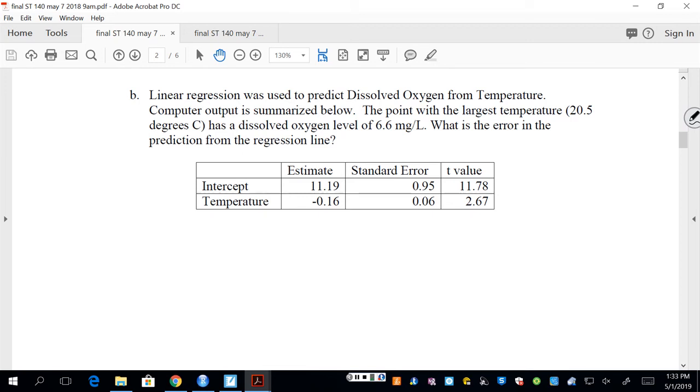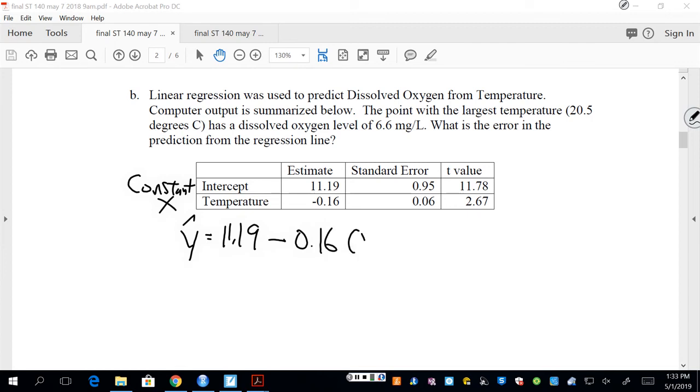There's an intercept or constant line. Sometimes this one's called constant. And there's temperature, or maybe an X variable. And the estimate, and so our prediction is going to be 11.19 minus 0.16 times X, where X is the temperature.